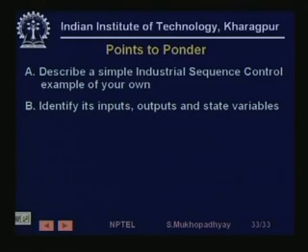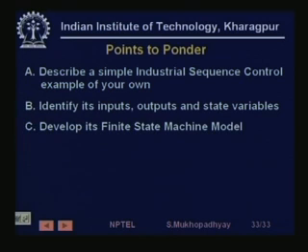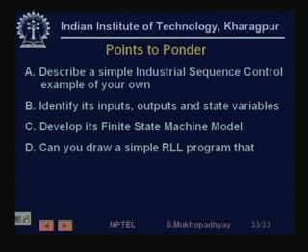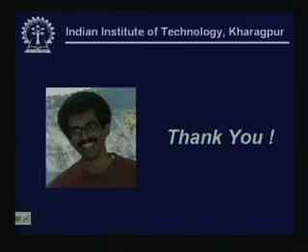Try to model the system, identify its inputs, outputs and state variables, develop its finite state machine model, and then you can perhaps figure out how, based on the feedback, you are going to apply the different kinds of controls. So construct an example of your own, that is the assignment, and that is all for today.